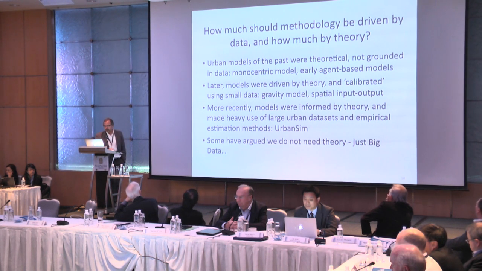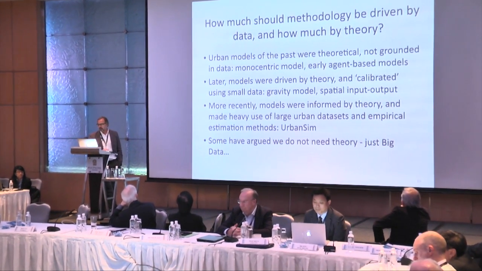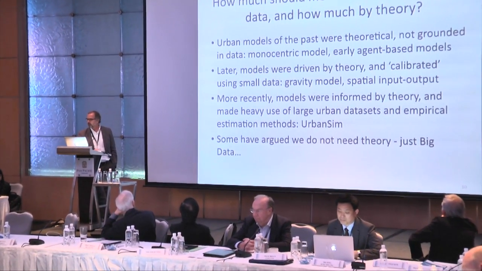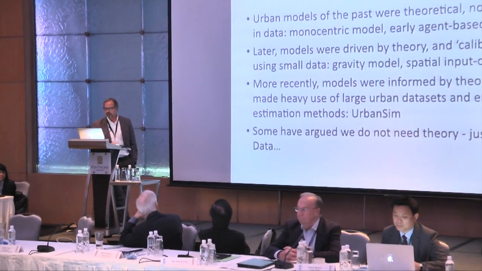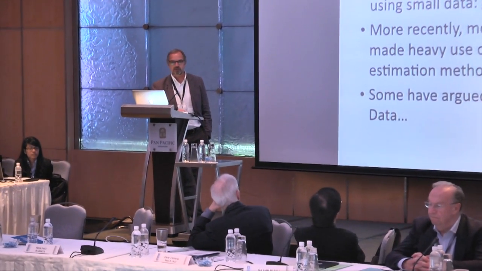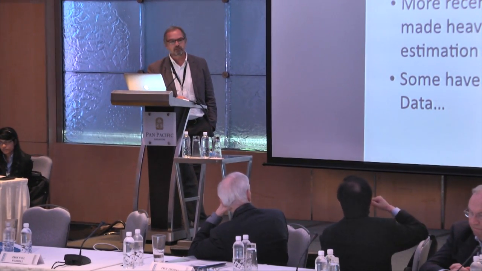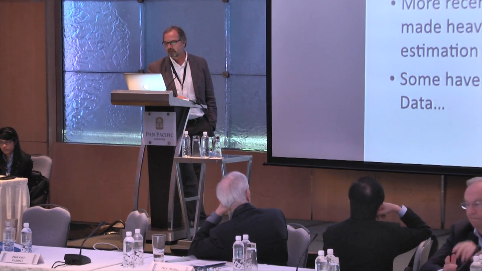I'm going to digress a little bit here also to provoke and stimulate some thinking and conversation about urban models as compared to big data. And I'm going to propose that there's a bit of a continuum and maybe a disconnect between at least traditional urban modeling, which in the past has been very theoretical, not very grounded in data.